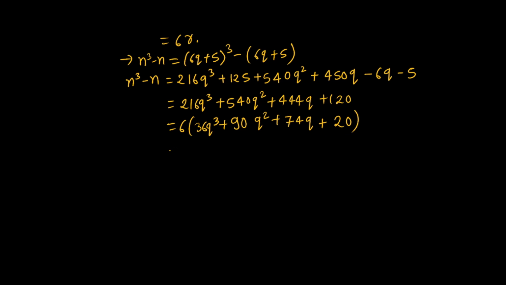So we will get here r is equals to 36 q cube plus 90 q square plus 74q plus 20. So we will get 6r.